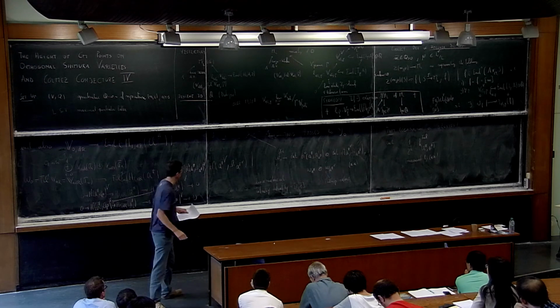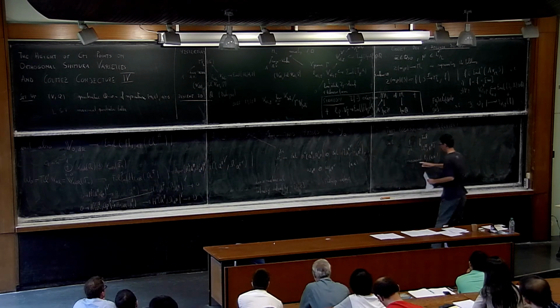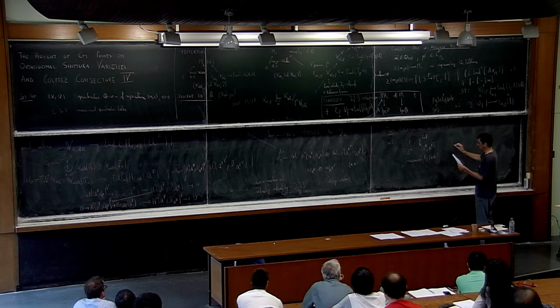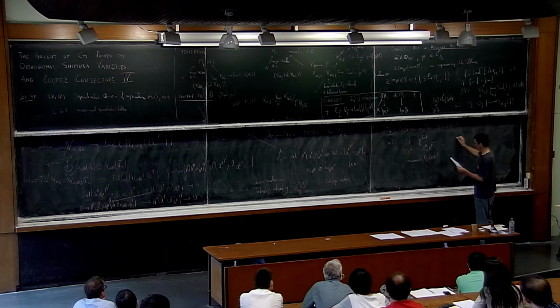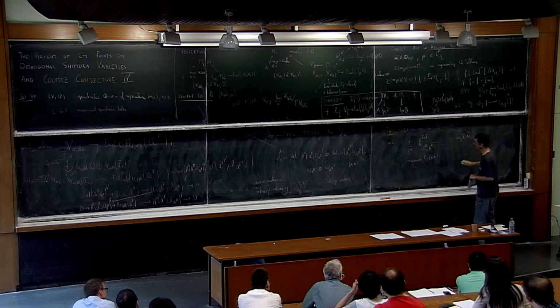Okay? So this will be computed by the right-hand side. This is equal to what? It's equal to the arithmetic degree of my omega 0 hat.